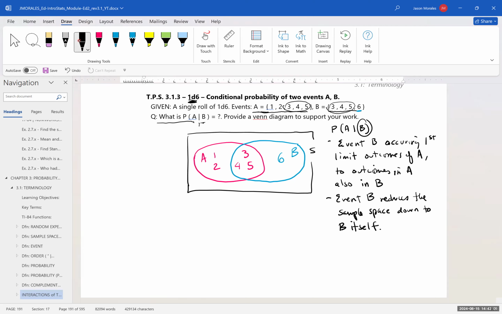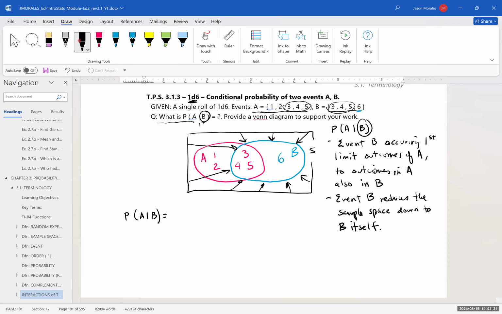All right. So since B occurs first, our sample space is going to contract to be B only, like that.